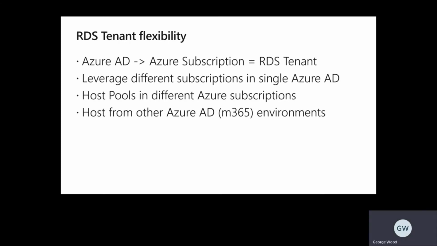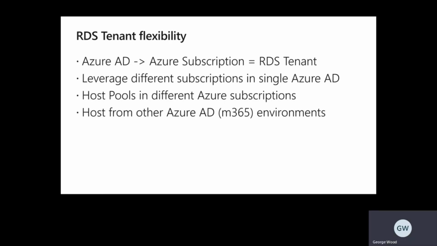You can absolutely leverage different subscriptions in a single Active Directory, and that means if you wanted to, you could have different host pools in different Azure subscriptions. Whether you want to do this for cost analytics or for governance or whatever it is, it's completely up to you how you set out that RDS tenant and how you set out those host pools.